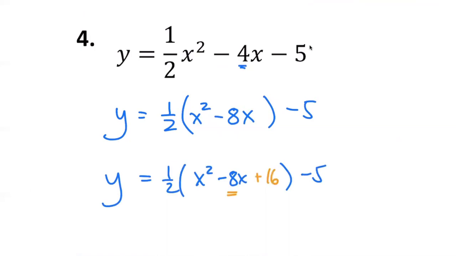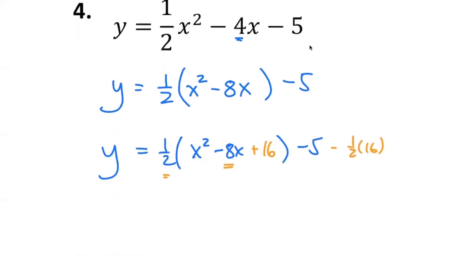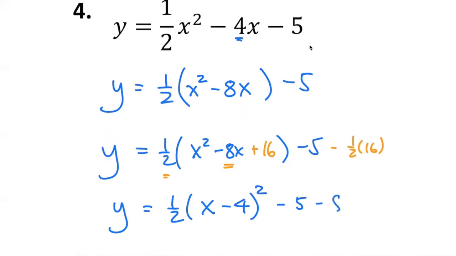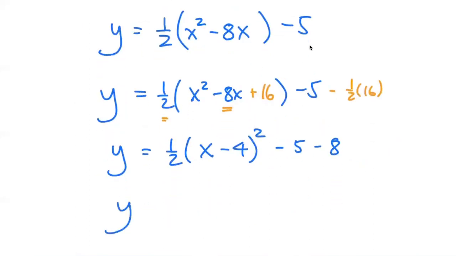So you add 16 inside the parentheses, but there's a 1/2 up front, so you have to subtract 1/2 times 16. Okay, so our perfect square is going to be x minus 4 squared, and then minus 5, and then minus 16 divided by 2, it's 8. So our final vertex form is going to be 1/2 times x minus 4 squared minus 13.